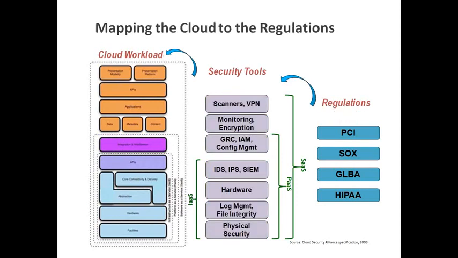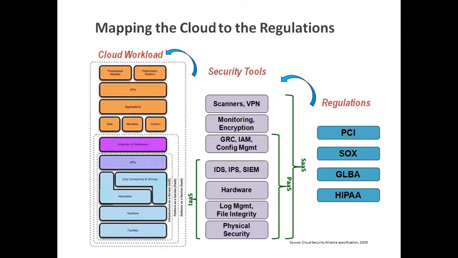If we map the same cloud to regulations, we find that the cloud workload from the hardware, platform, and application part can be monitored or made secure using tools such as physical security for the hardware, log management and file integrity monitoring, intrusion detection systems, and intrusion prevention systems for the IaaS part.